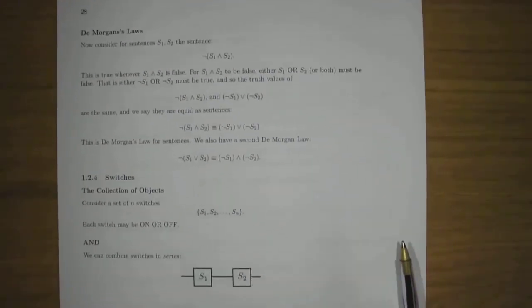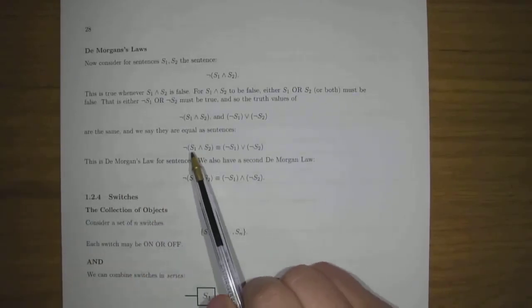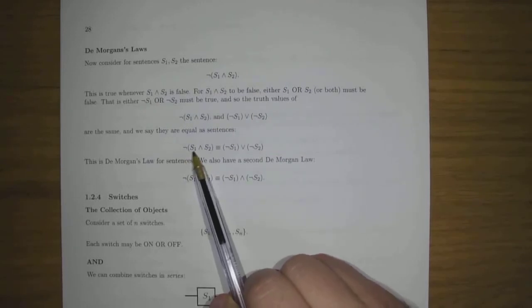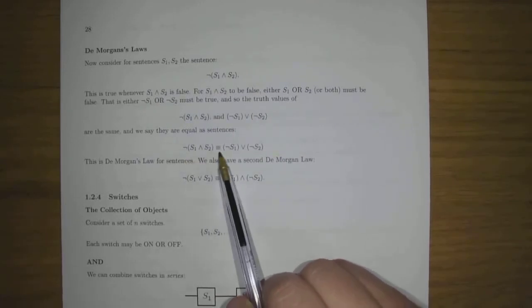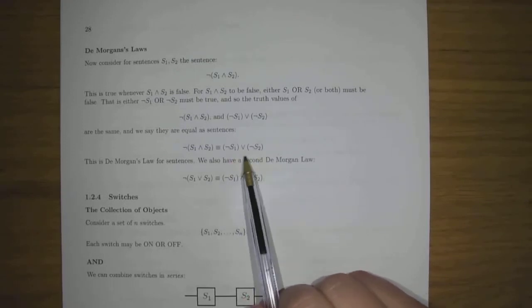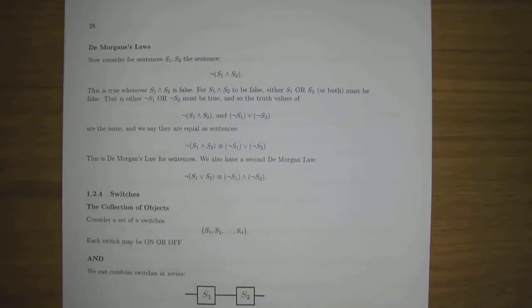And then the DeMorgan's laws work like this. This is saying that the negation of S1 and S2 is the same as the negation of S1 or the negation of S2, where this or is, I don't even remember the name of it, but it's the or. So this is DeMorgan's law for sentences.